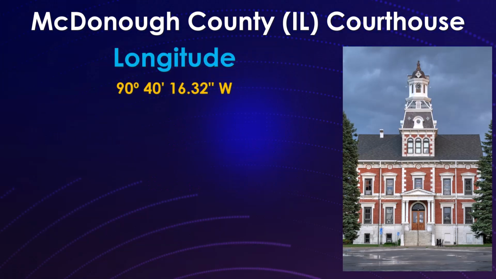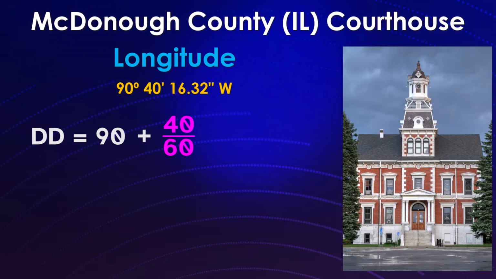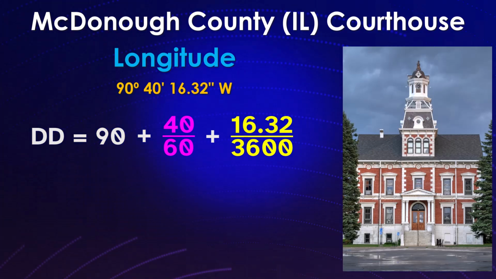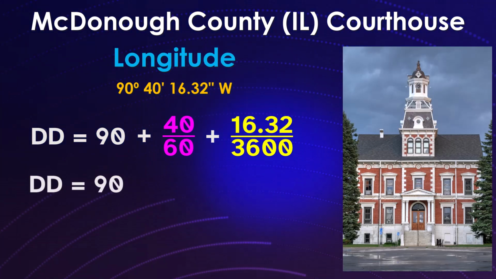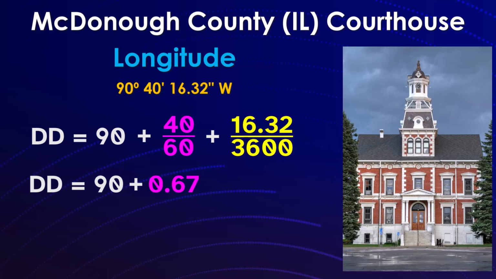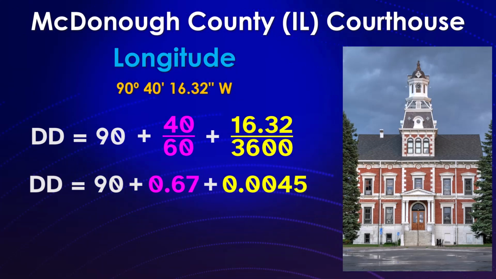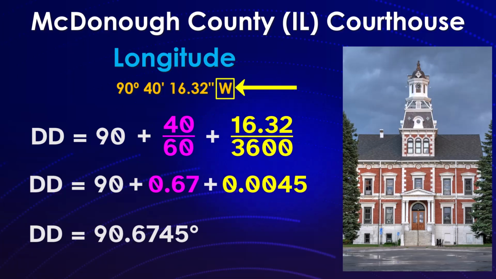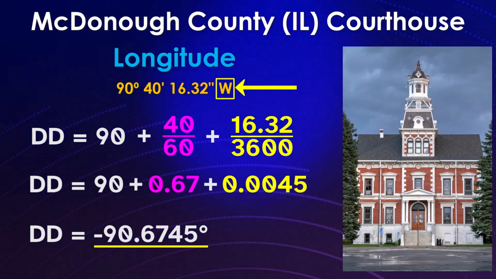Now for longitude. 90 degrees plus 40 minutes divided by 60 plus 16.32 seconds divided by 3,600. This gives us 90 plus 0.67 plus 0.0045, which equals 90.6745 degrees. Because the courthouse is in the western hemisphere, this value is negative.